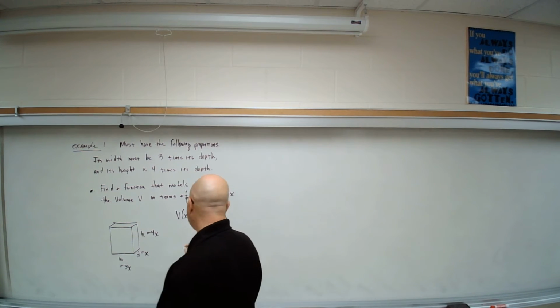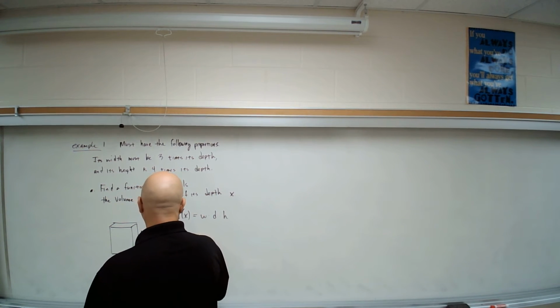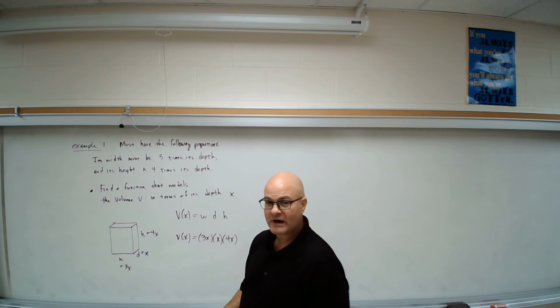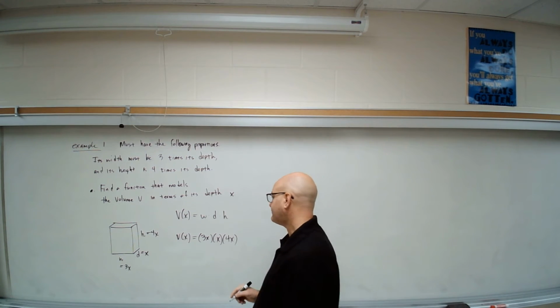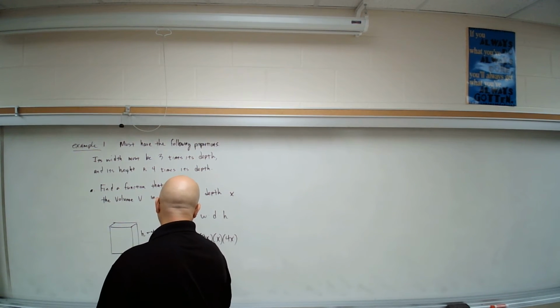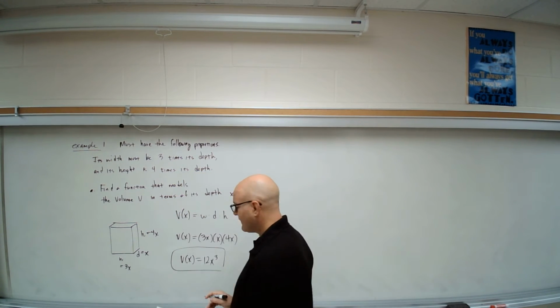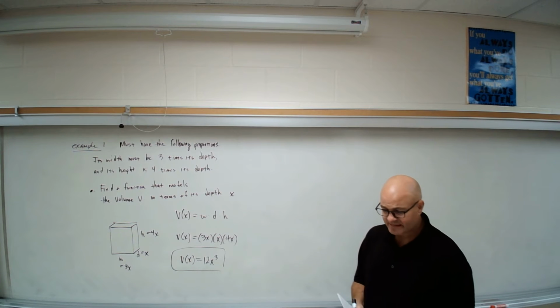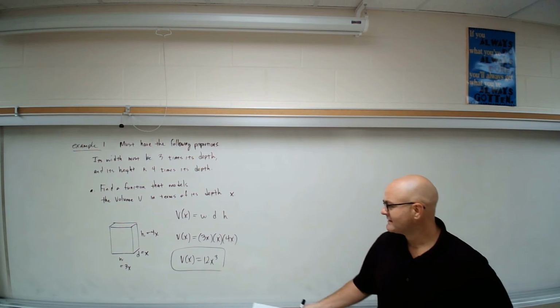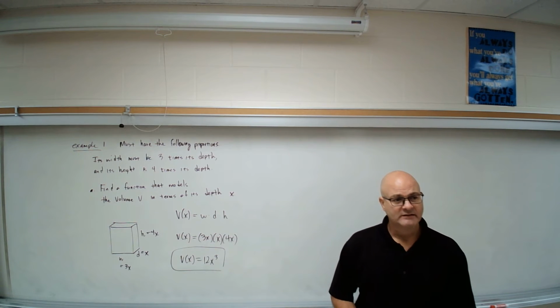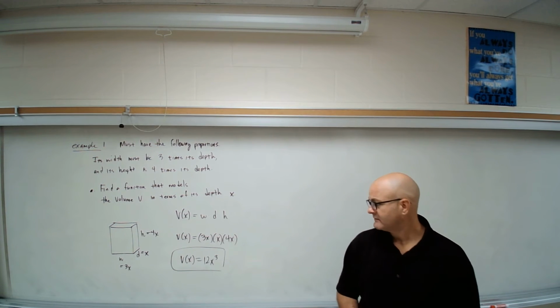So we could say v of x is 3x times x times 4x. So our function v of x would be 12x cubed. That would be our answer to part A. That is the function that models the volume v in terms of the depth, which is x.